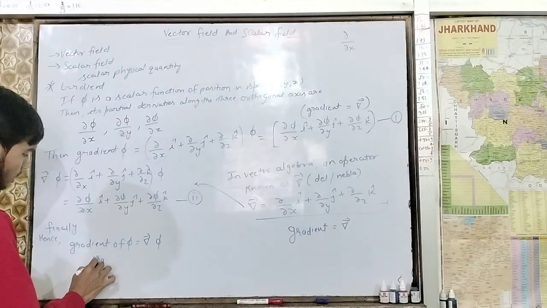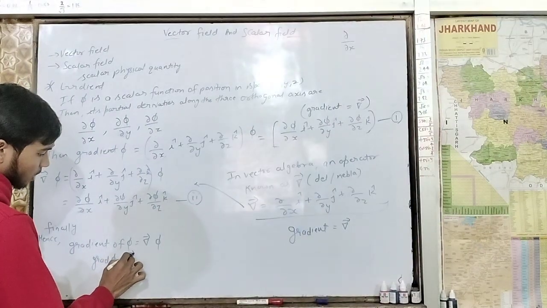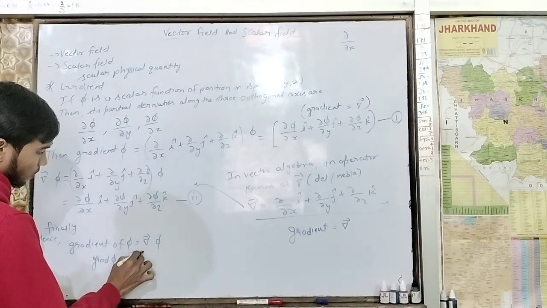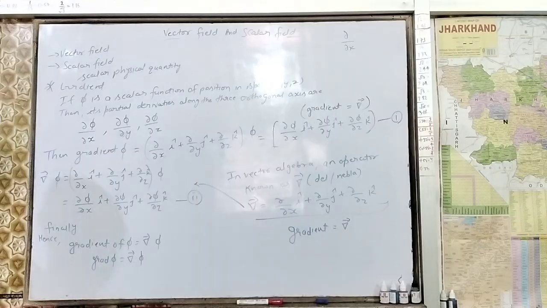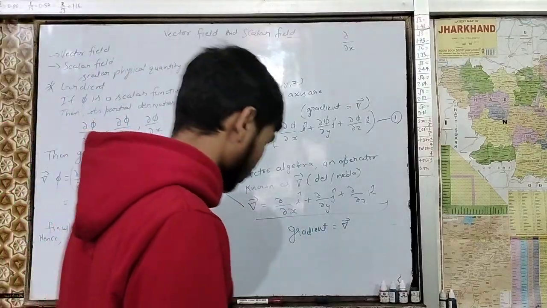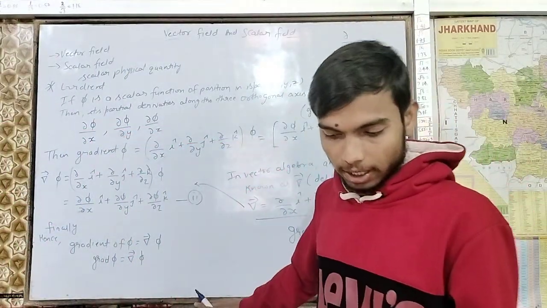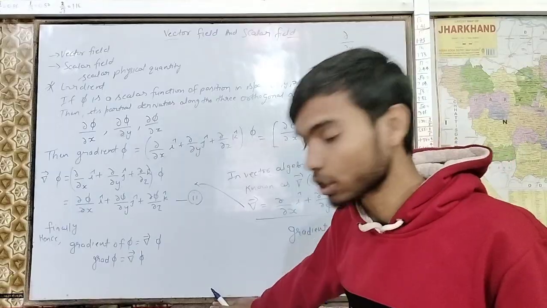So grad of phi is equal to del operator dot phi. Both are equal.